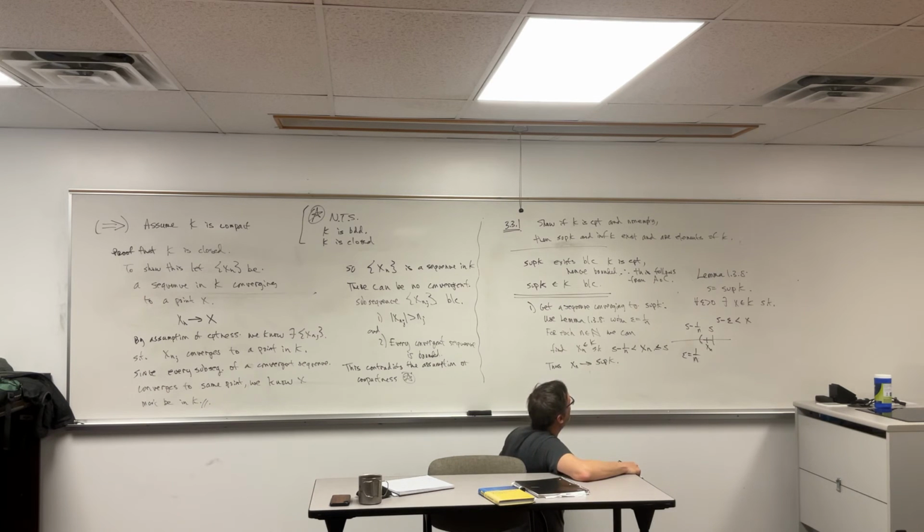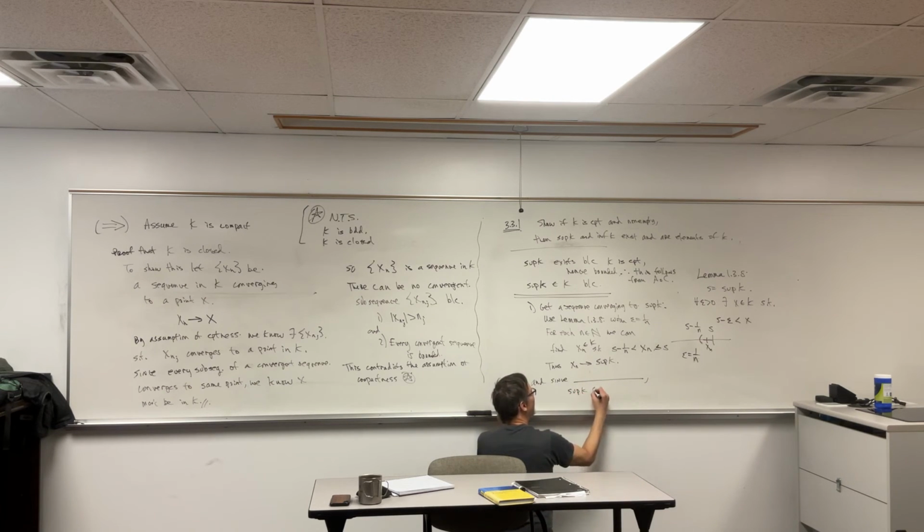Why do I know sup of K is in K? What haven't we used? What is our assumption? That we're compact. We used boundedness already.